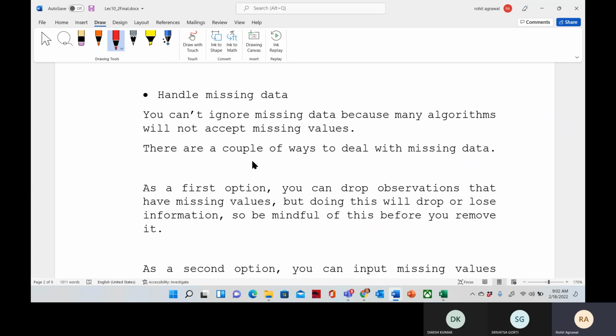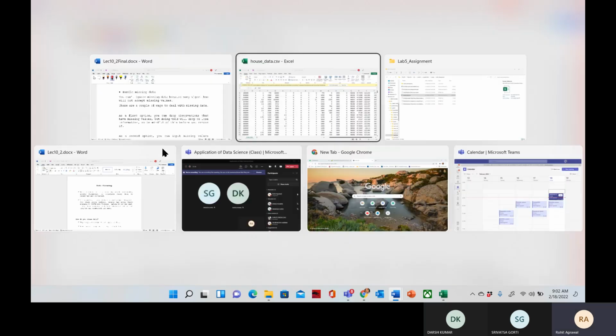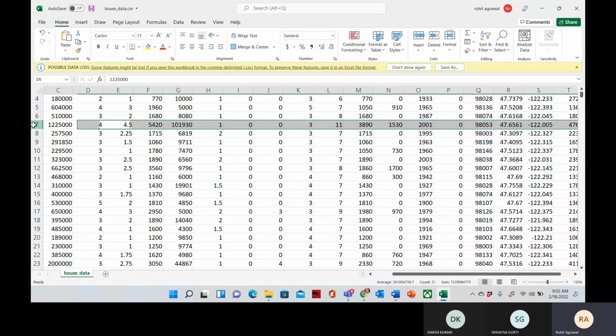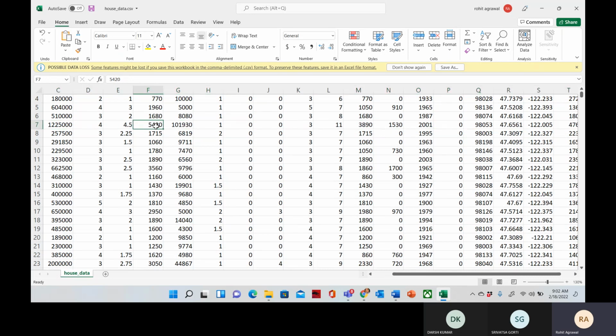So either you need to delete the whole example. If this entry is missing, there is nothing, so you can just delete this row. Or second way, try to find some appropriate value and just fill it.